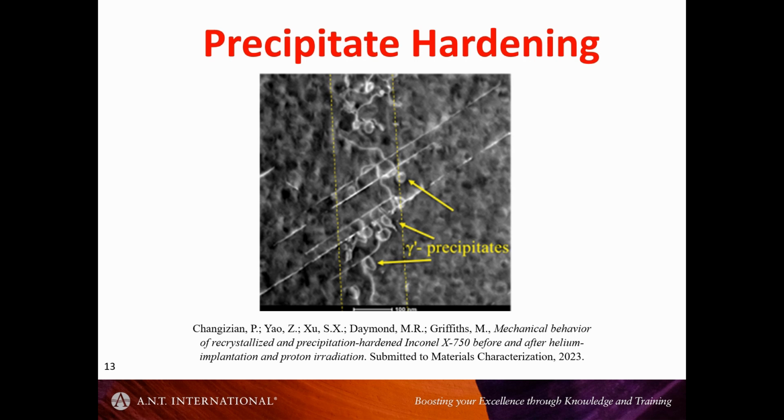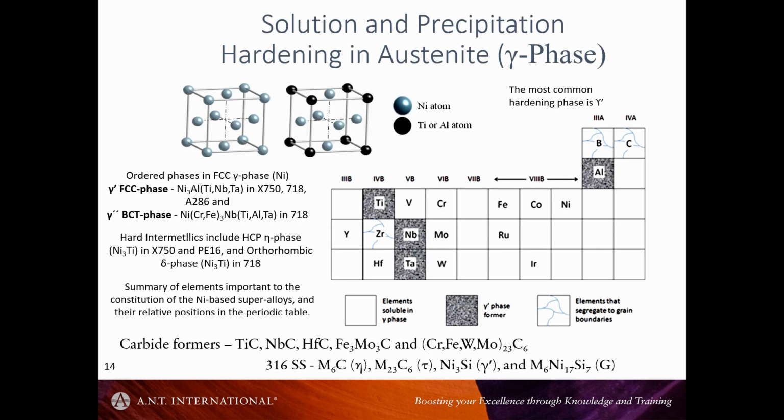But in austenitic alloys, precipitates are used extensively for modifying the properties of the material. So this slide just shows some of the types of elements that one would add to different alloys, whether it be a stainless steel or nickel alloys.